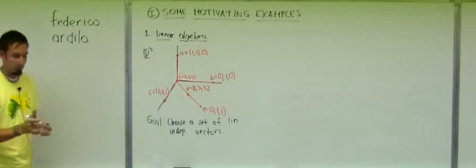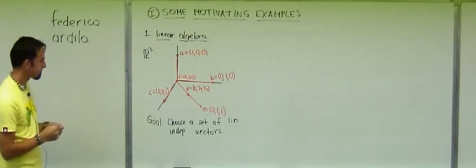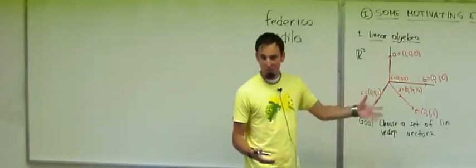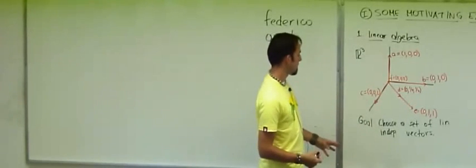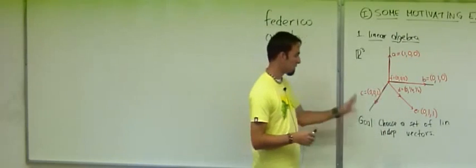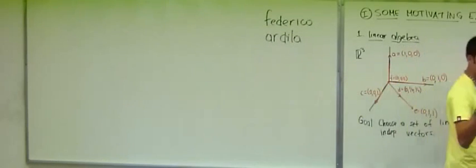Of course, there's many ways in which you could do this, but I want you to think about this and just think. 3 linearly independent vectors, or however many. A set. Any set. However many you can find. 4 if you can find them. I don't know. Good luck. However many linearly independent vectors you can find.